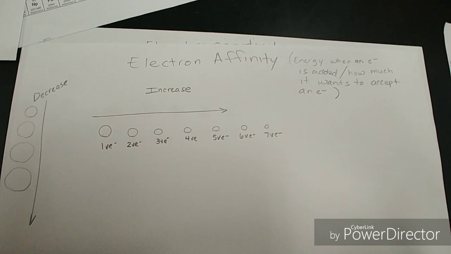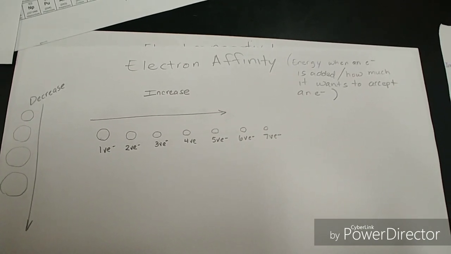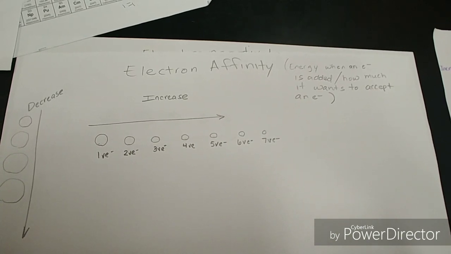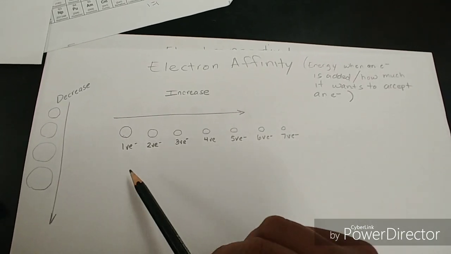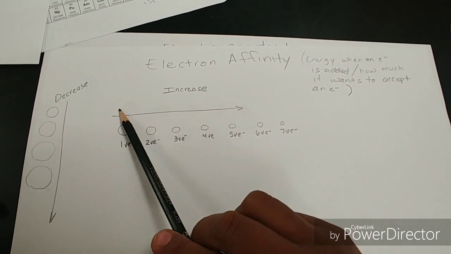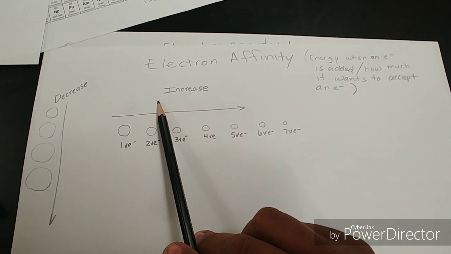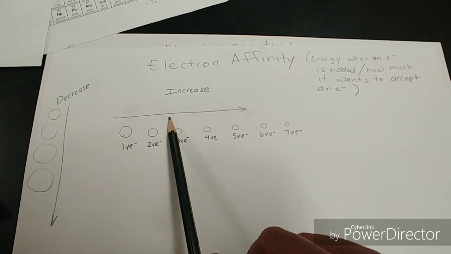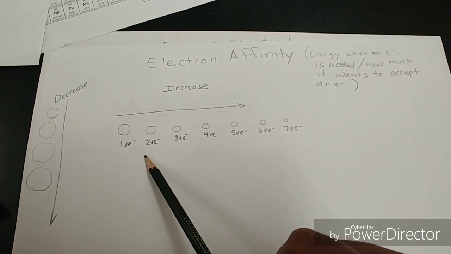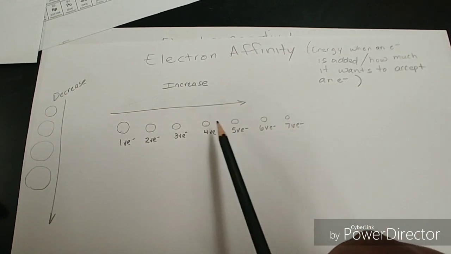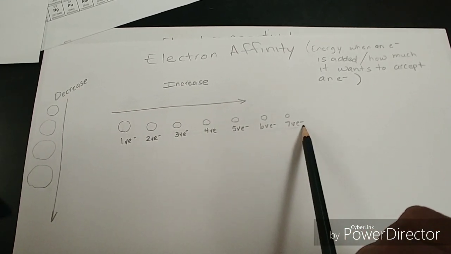Okay, for electron affinity, it's the energy change when an electron is added, or how much an atom wants to accept electrons. So I want you to look at the periodic trend. The trend is that there's more of a need or want to accept electrons as you go across a period. The reason is that the valence electrons increase across a period, so they get greedier.